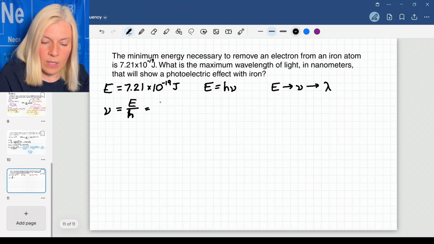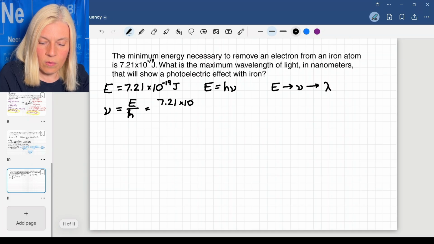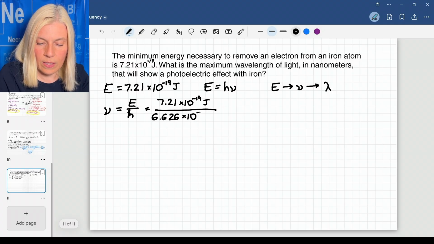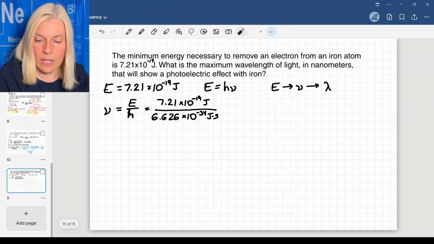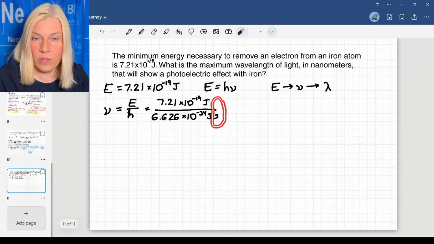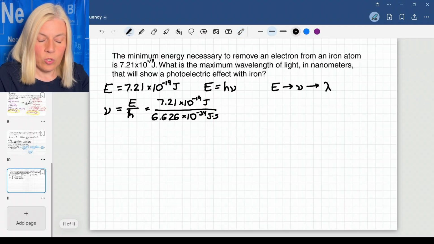So, let's do this. So we have 7.21 times 10 to the negative 19 joules divided by Planck's constant, 6.626 times 10 to the negative 34 joule times seconds. And look at this. Joules cancel out, and I'm going to have 1 over second, yes, which is great.